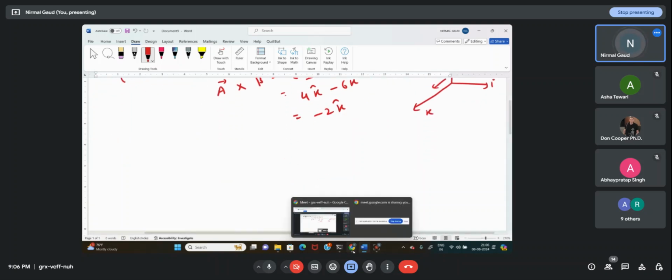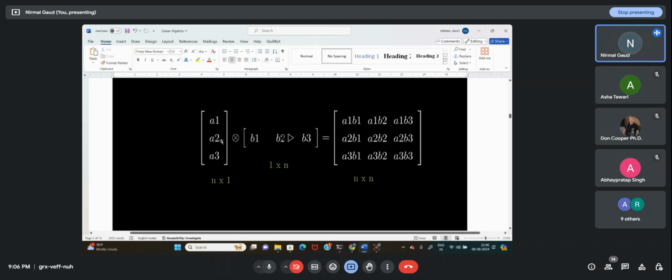And here in the example which you are seeing, again you have two vectors. So this is like n cross 1, 1 cross n. These are the dimensions of the vectors. So what you have to do is a1 into b1, then a1 into b2, then a1 into b3.